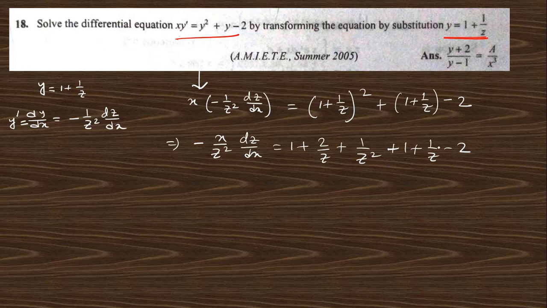So the 1, 1 and minus 2 cancel out, and 2 by z plus 1 by z, that is 3 by z. So this becomes 3 by z plus 1 by z square, and this is minus x by z square dz/dx. So this becomes minus x dz/dx equals 3z plus 1.